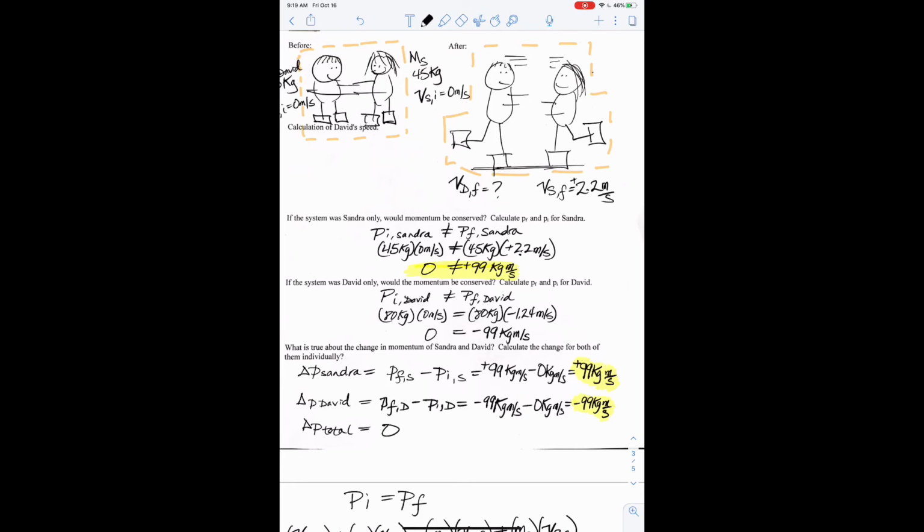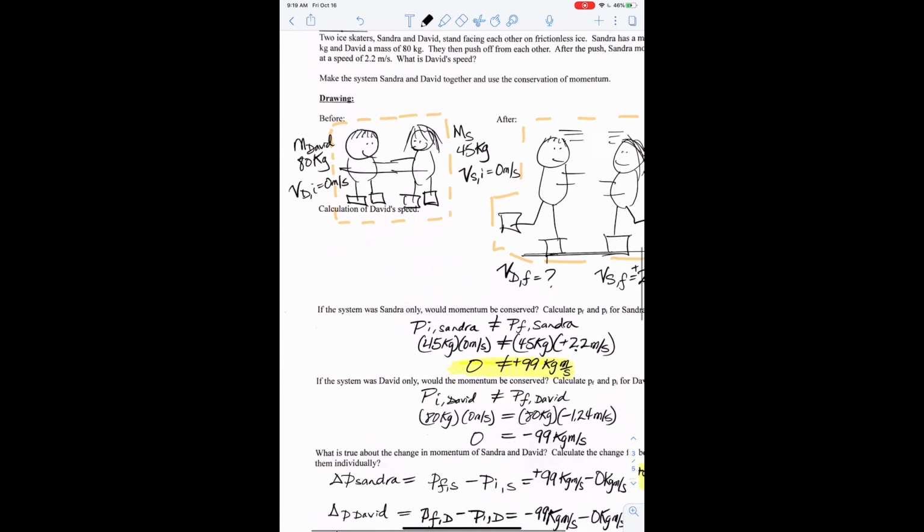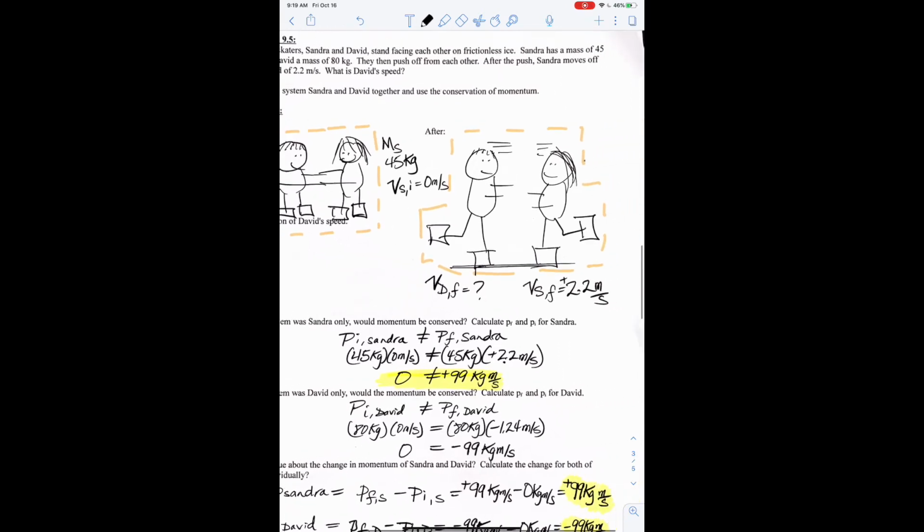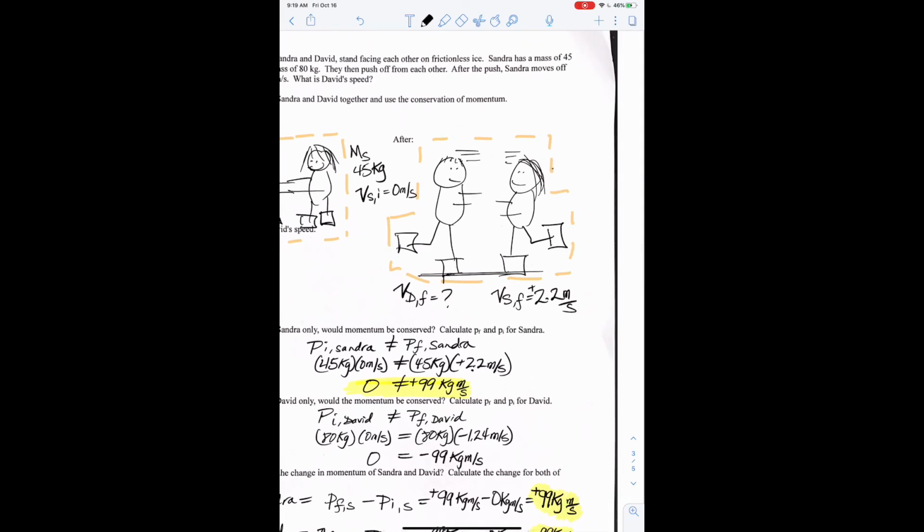Something that also, I think this one makes sense to students, but let's say the system didn't start at rest, both of them, that they were moving together to the right, say, with 10 kilogram meters per second of momentum to the right, then at the end, the system would still have 10 kilogram meters per second momentum to the right.